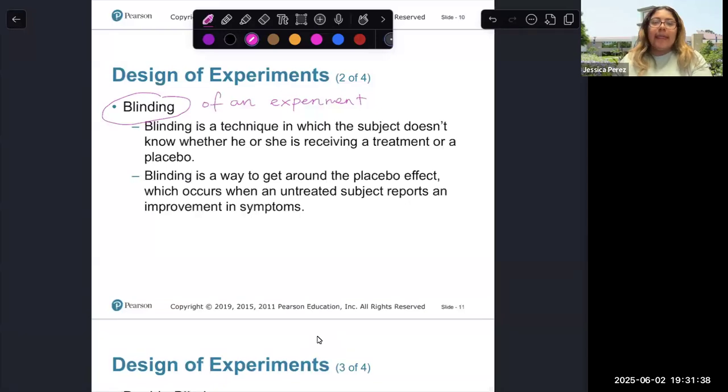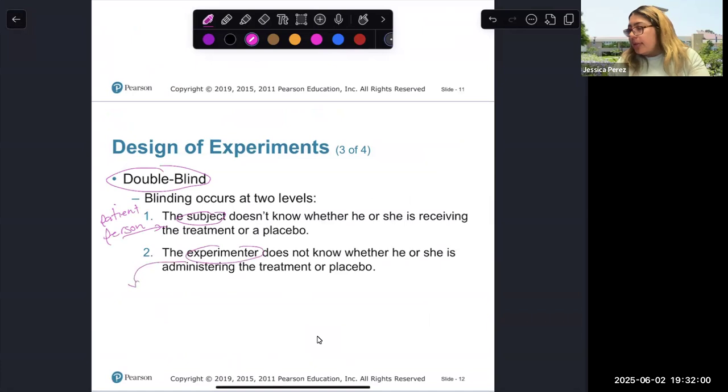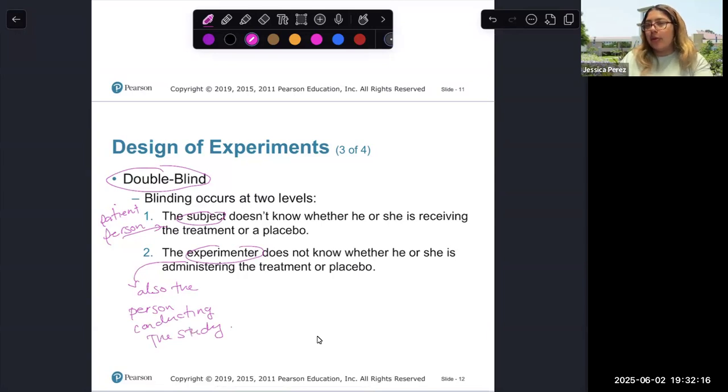There also exists the double blind, in which the blinding occurs at two levels. The subject, remember, the person or the patient, doesn't know whether he or she is receiving the placebo, but also the experimenter, the person conducting the study, does not know whether he or she is actually administering the treatment or placebo.